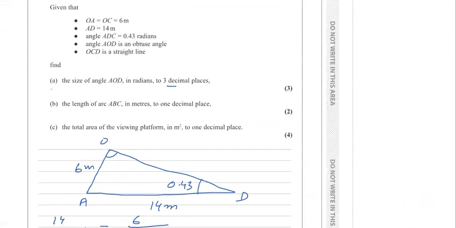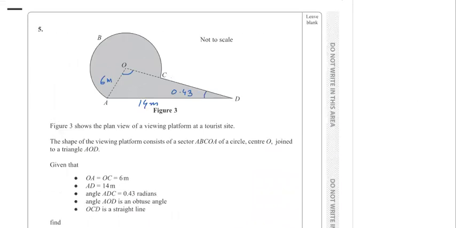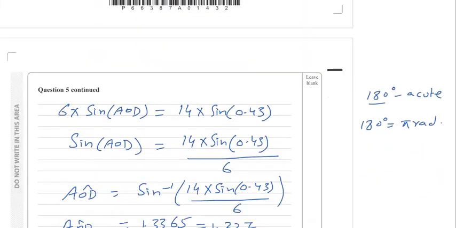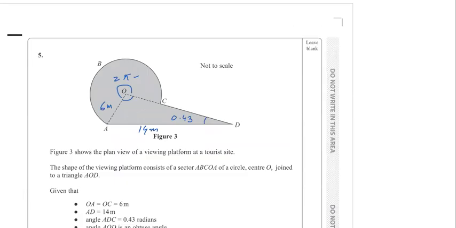Now part B is the length of the arc. You have to find the length of arc ABC in meters to 1 decimal place. For that we need the central angle. We already calculated angle AOD in the previous part, so the central angle will be 2 pi minus 1.805 radians.